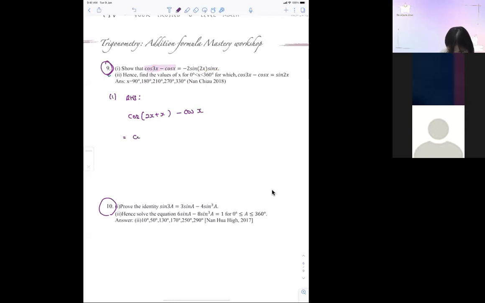Then we can split: cosine A cosine B minus sine A sine B. The angle sum is x and 2x, but everything in the trigo function is in sine, so we must change all of the cosine to sine. So cosine 2x, I can change to 1 minus 2 sine square x.